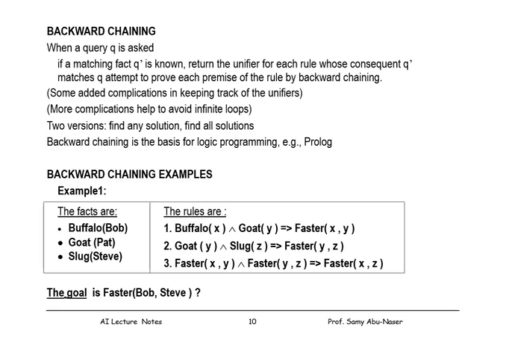Okay. Let's see how we're going to solve it. Remember, in backward chaining we start from the right and go to the left, backward. We start from faster, then we go to buffalo, goat.